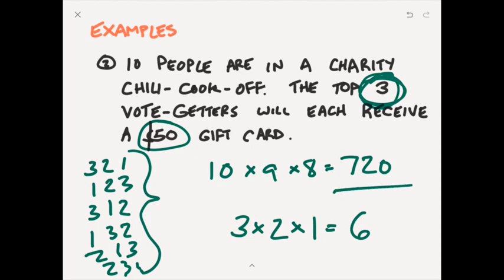So if we know that there's 720 permutations and 6 repeats for every combination, we can just split the 720 into 6 pieces. 720 divided by 6 in this case equals 120 actual unique combinations of 3 people. So combinations in the real sense are very much like permutations with an extra step. We have to figure out how many repeats there are and then remove those.